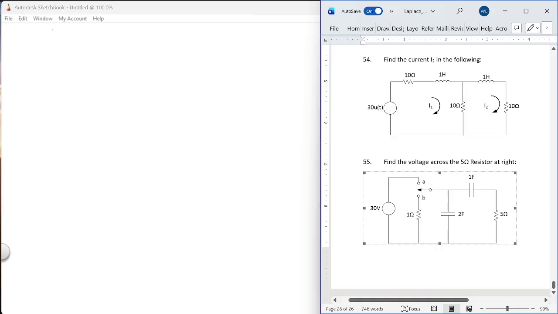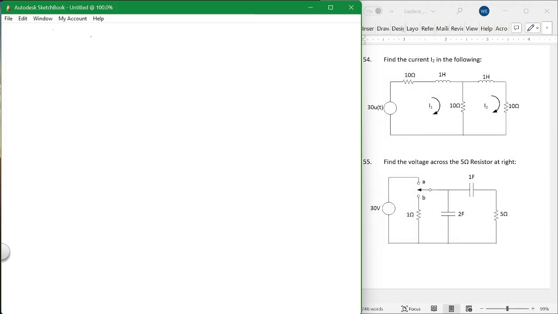All right, so what's the big deal? This is a pre-charged situation, isn't it? So when we start this thing, we've got 10, we've got 1, we've got 1, and we've got a capacitor sitting here with a voltage on it.